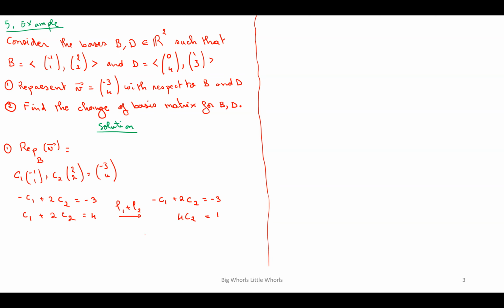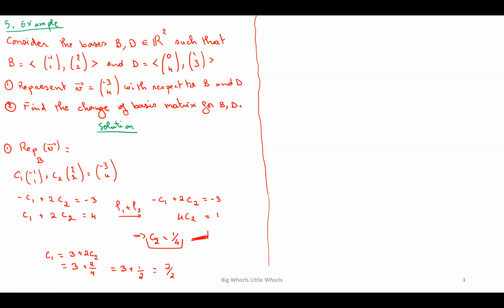So that means C2 equals a quarter, and C1 equals -3 + 2C2... C1 = 3 - 2C2, which is 3 + 2 over 4, which is 3 plus a half, which is 7 over 2.